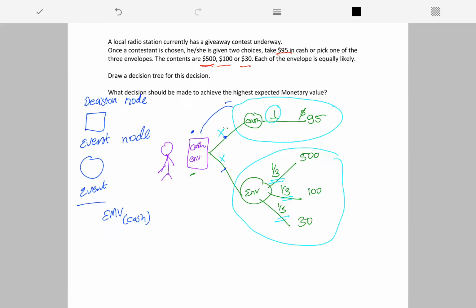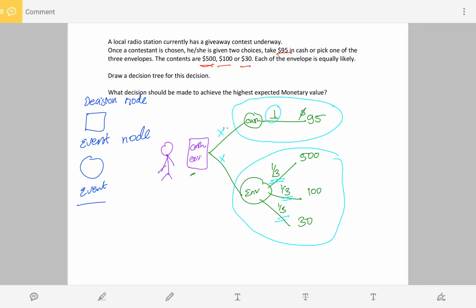The value of choosing this is, well, the expected value is, there is a probability of getting 95, the X is 95, and the probability of the X is 1. So he would get $95; the expected value is $95 if he followed this direction. Well, what happens if he followed this direction?